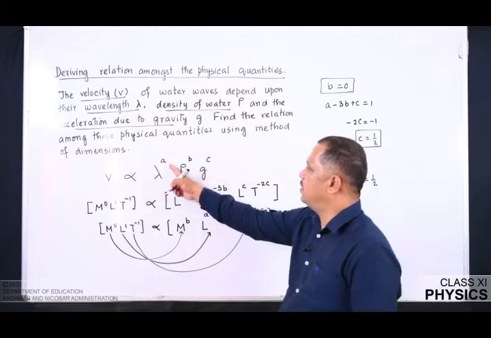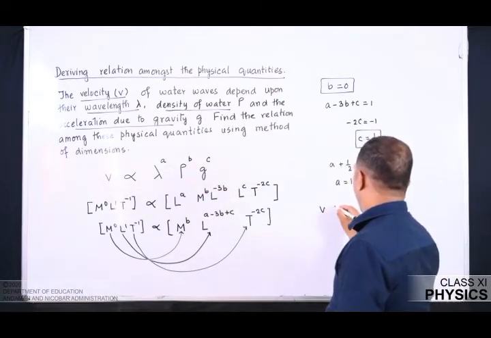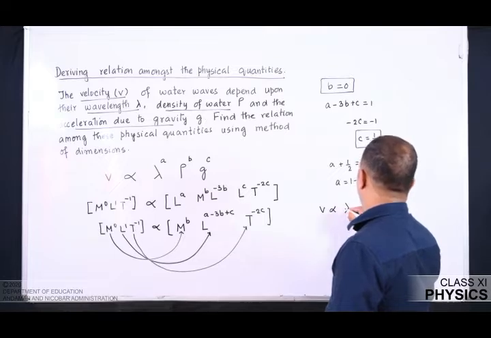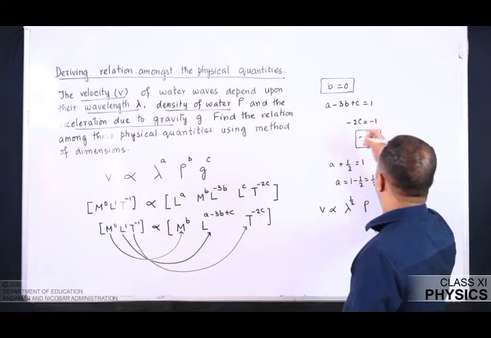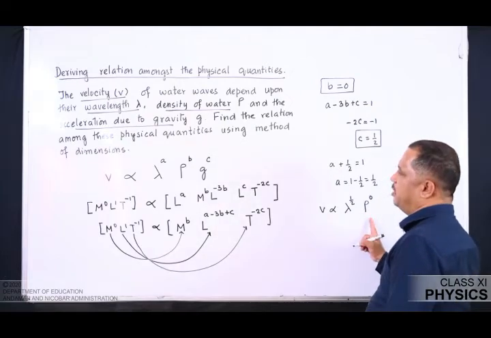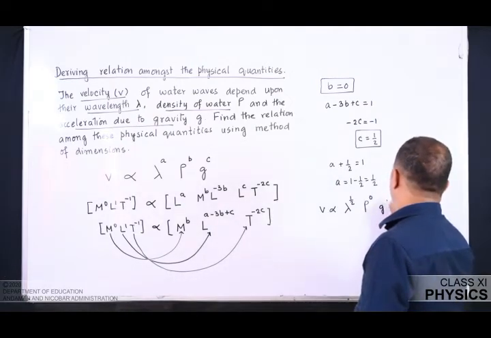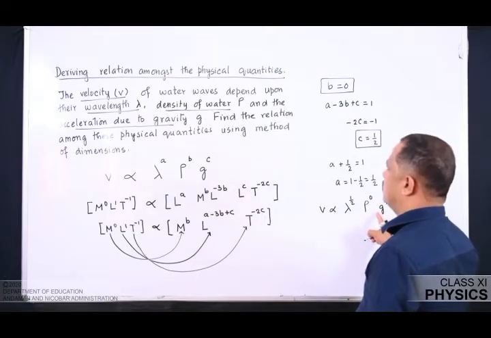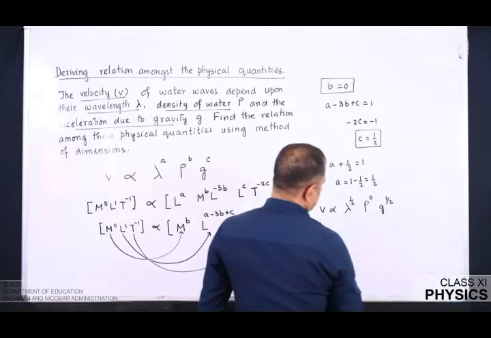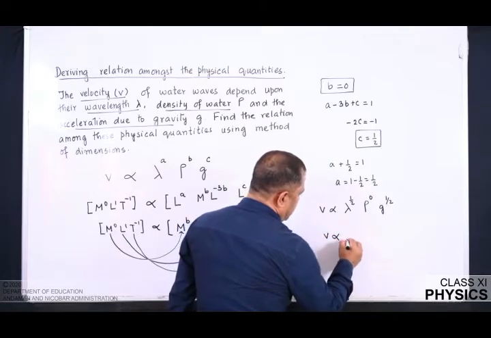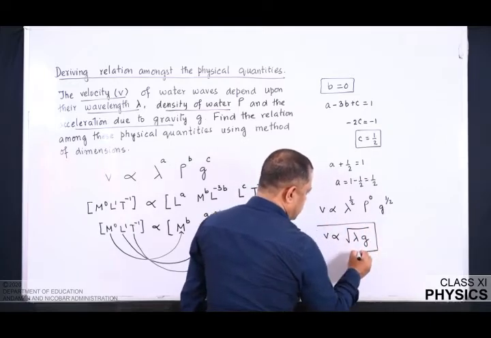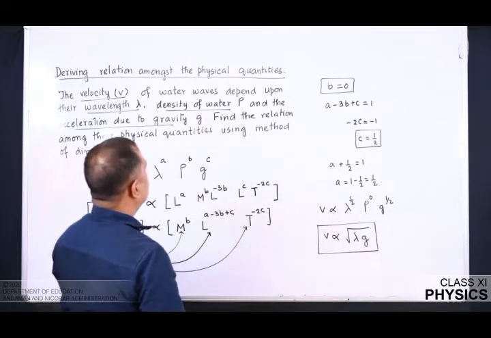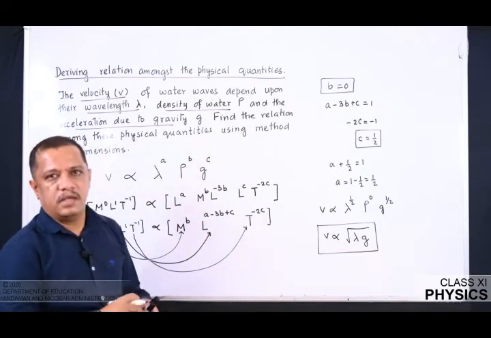Now I can substitute these powers: v is proportional to lambda power a, which is 1 by 2, rho power b, which is 0, so this speed is independent of density, and g power c, which is 1 by 2. If I rewrite this expression, I get under root of lambda into g. So this is the relation between the physical quantities given in my problem.